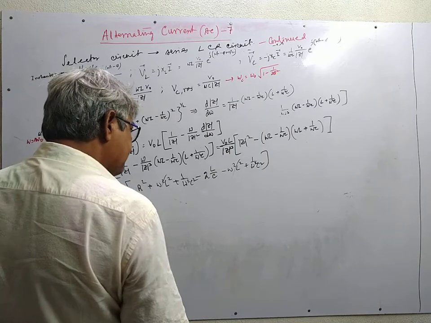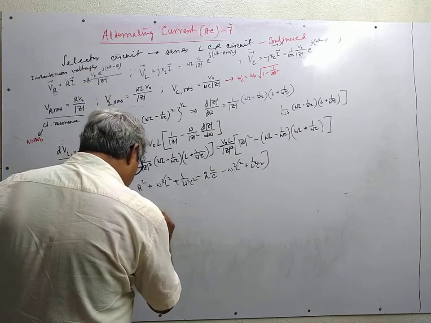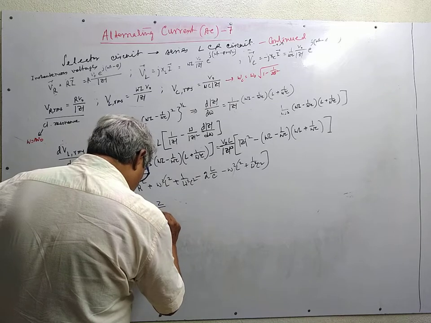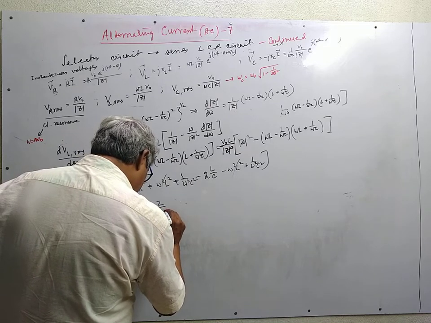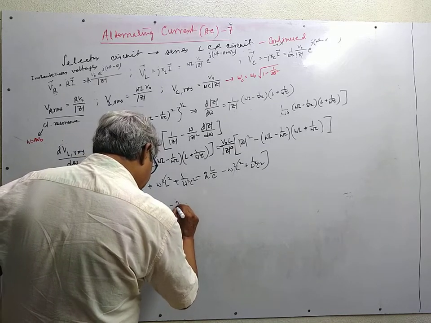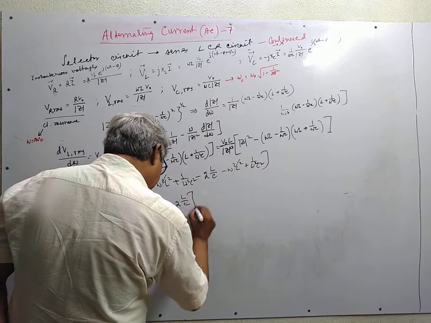R square plus 2 omega square C square minus 2 by LC.